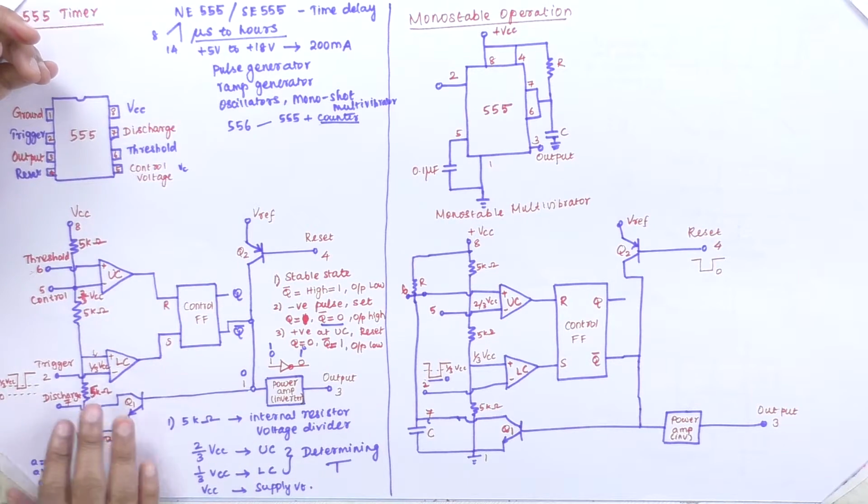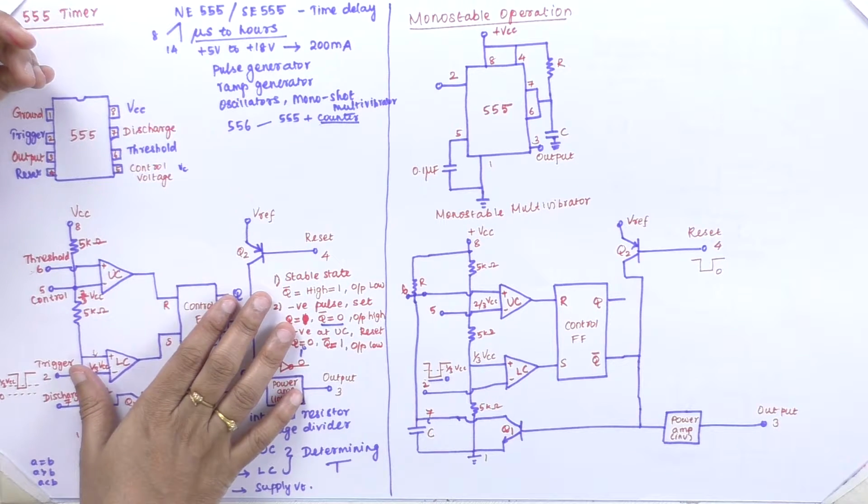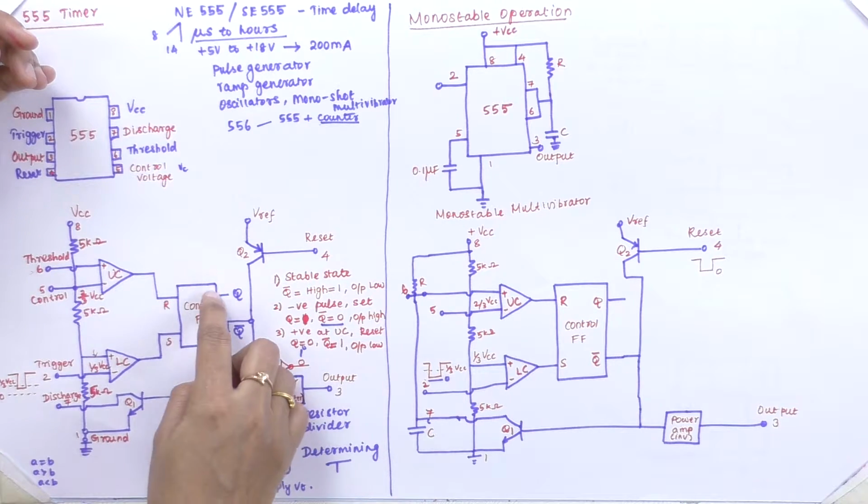Here we should know the basic concept of the comparator. By keeping a reference voltage, when we apply an input voltage, we check whether the input voltage is greater than the reference voltage or less than the reference voltage. Initially, when we discuss the functional diagram of the 555 timer, we have a control flip-flop.